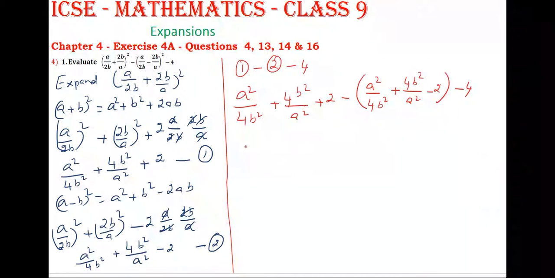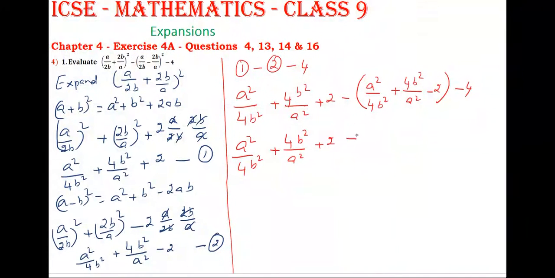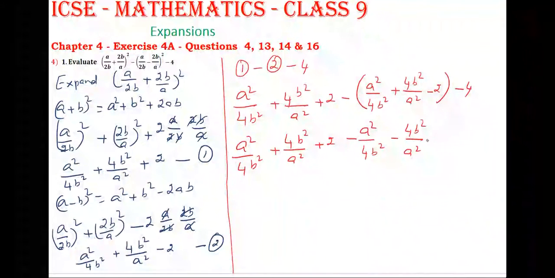So we can expand this: a²/4b² + 4b²/a² + 2, and this minus we can multiply with the second part, giving − a²/4b² − 4b²/a² + 2, so plus 2 minus 4.